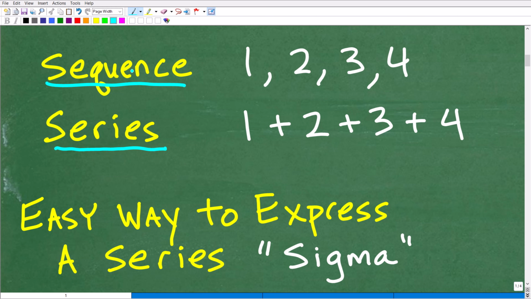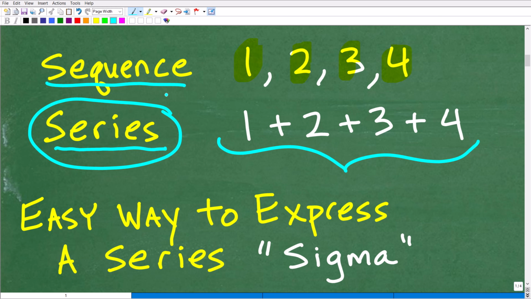A sequence is just a pattern of numbers separated by commas, and these would be the terms of the respective sequence. But if we add up the terms of a sequence, we now have something called a series. So you don't want to confuse these two terms.